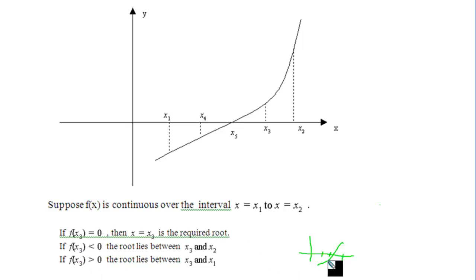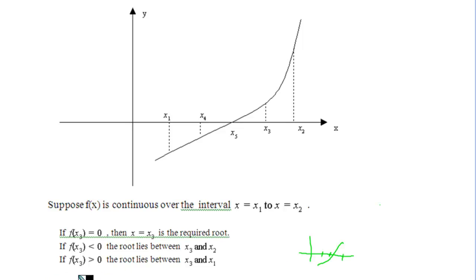So basically we've halved the interval. Between x1 and x2 is where the interval was, but now because we've taken a point in the middle and found the curve now crosses between that point and x2, we've halved the space that the curve was existing in from before. So we've halved that interval.